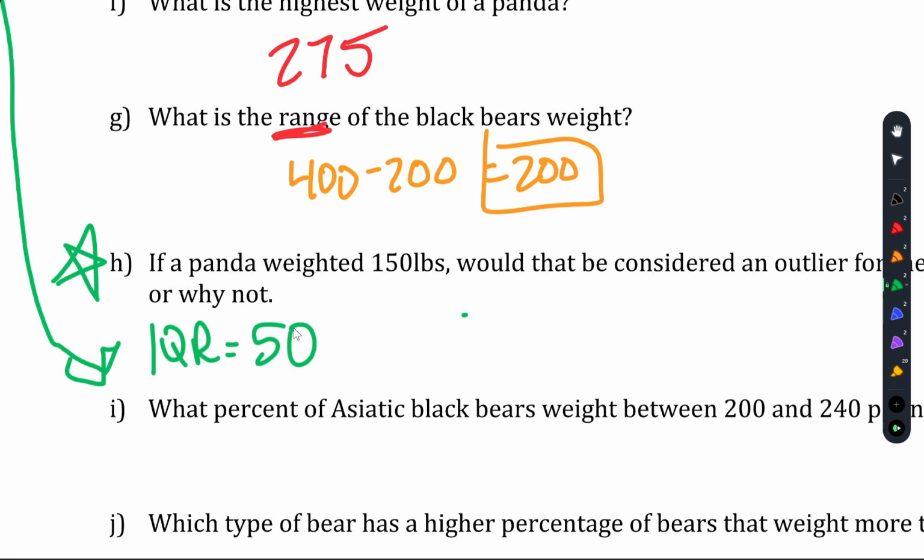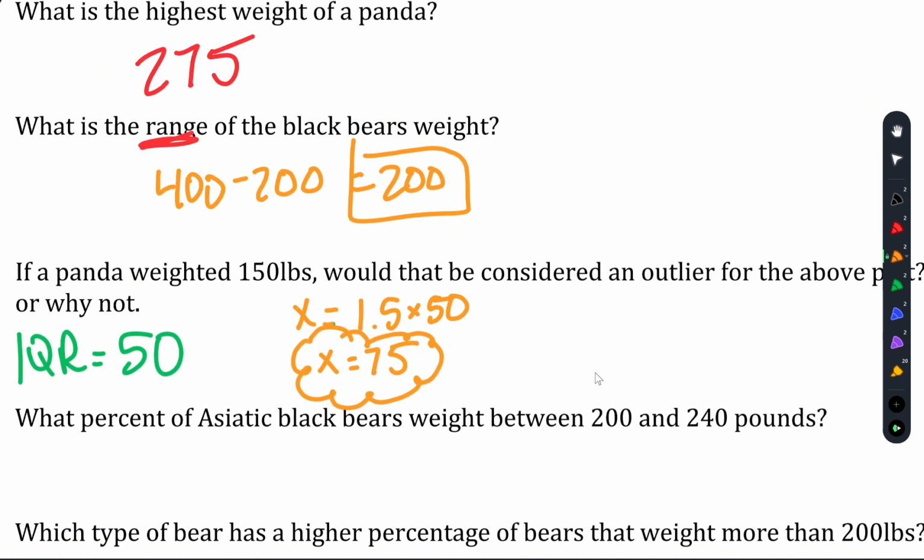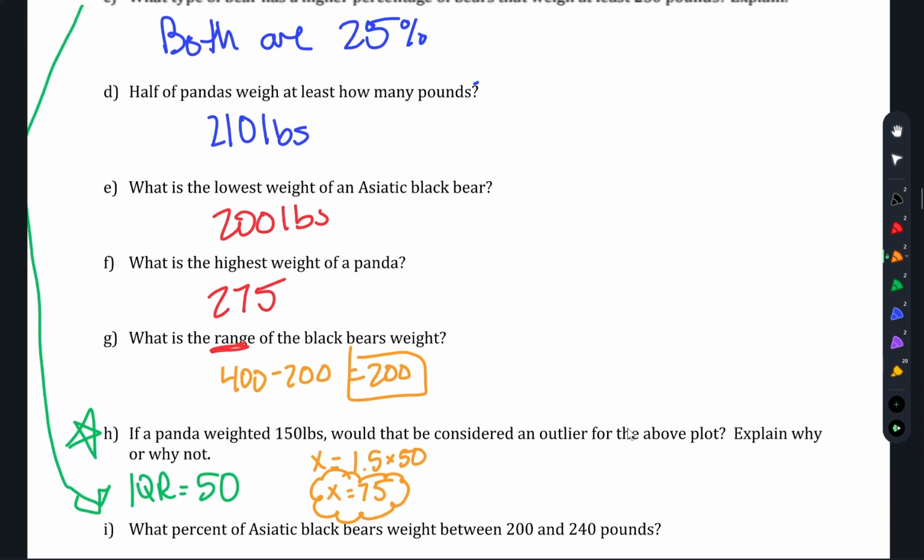Everybody cool with that? Now, to find an outlier, I'm going to multiply this number by 1.5, which gives me 75. Good. And now 75 is going to act as kind of a magic number for us. I'm going to zoom out to my graph really quickly.